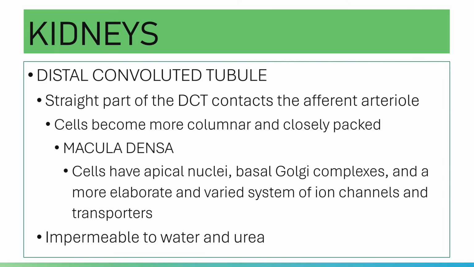Please note that your DCT, your distal convoluted tubule, is also impermeable to water and urea. However, the cells of your DCT have a high sodium potassium ATPase activity at the basolateral plasma membrane.